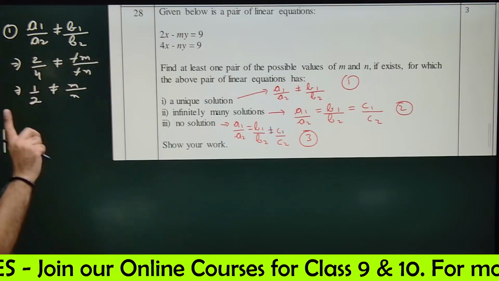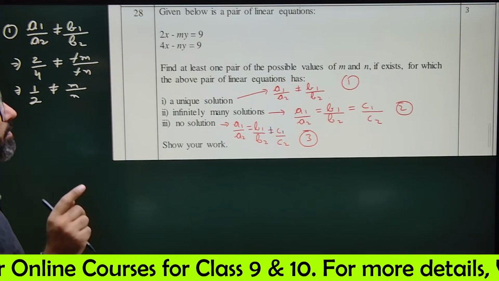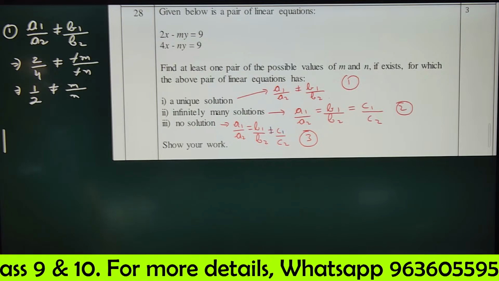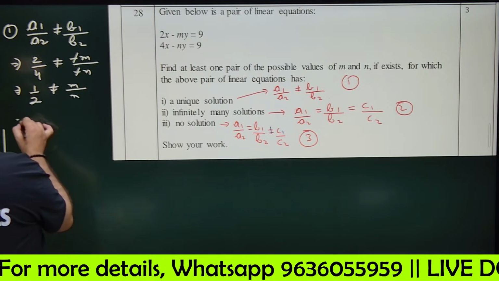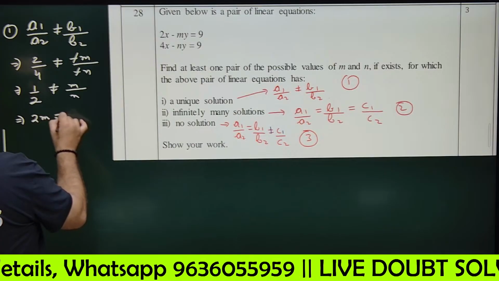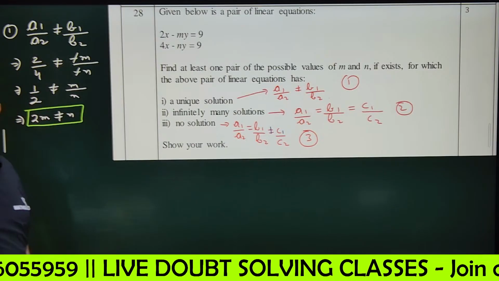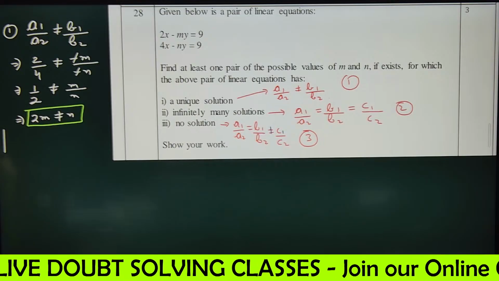We have to find at least one pair of the possible values of m and n if they exist, for which the above pair of linear equations has this. So 2m not equals to n. This is the condition. Got it? First point, is it clear or no?